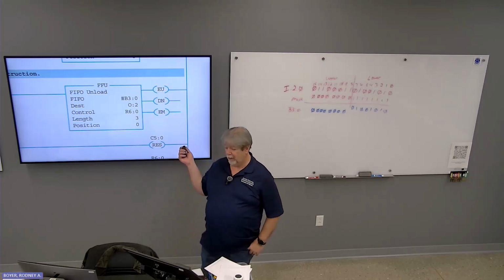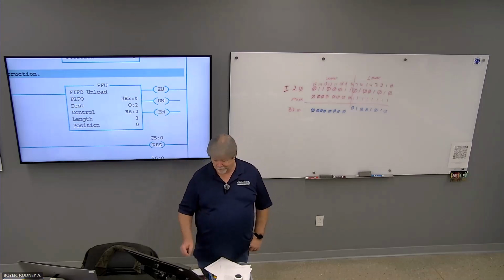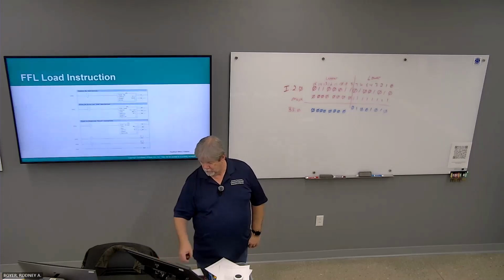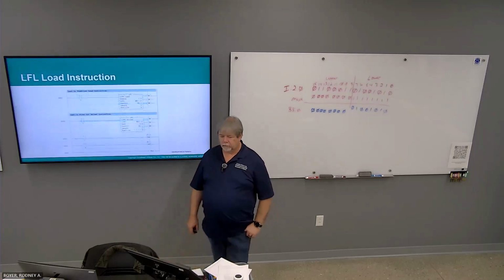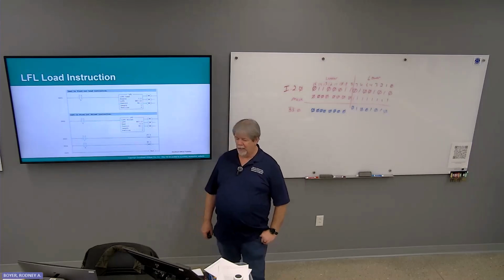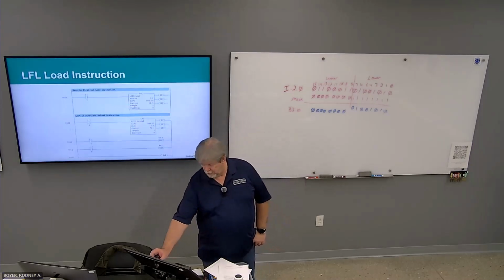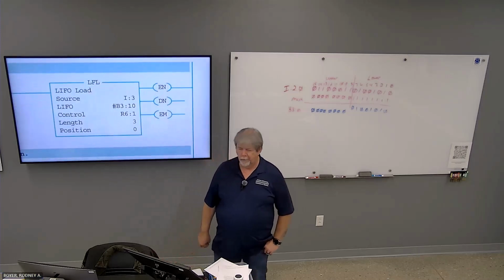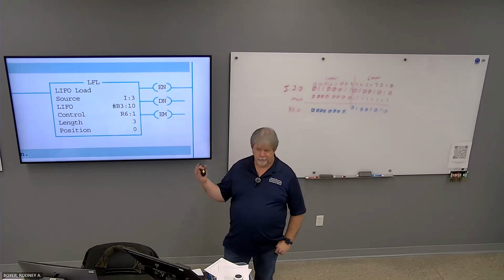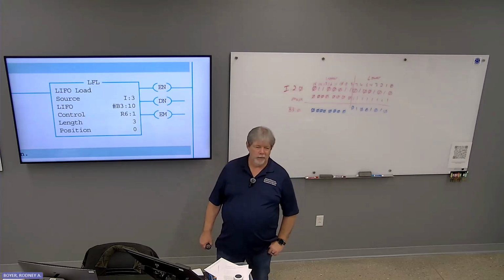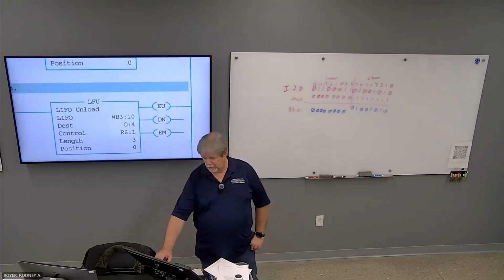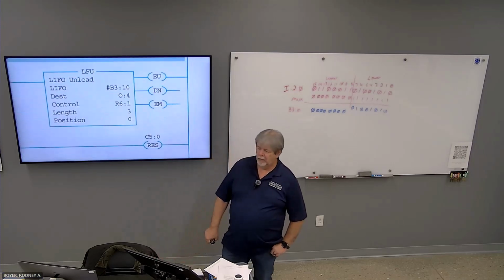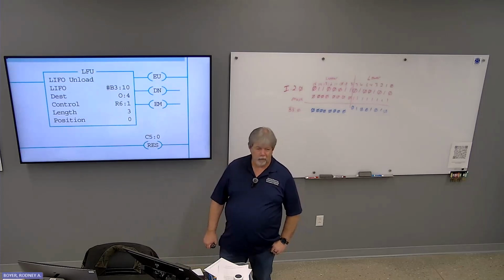Just like if you don't put the .0 on there, it'll go wrong. LIFO, same thing. There again, source, input 3, needs to be word level, so input 3, .0. And then on the way out, O:4 needs to be O:4, .0.